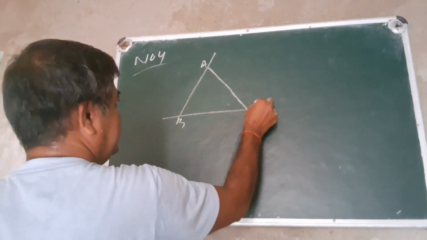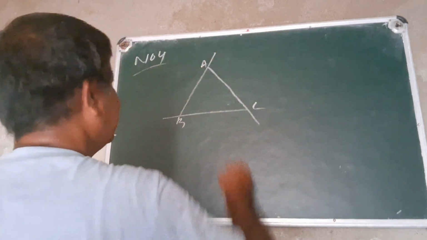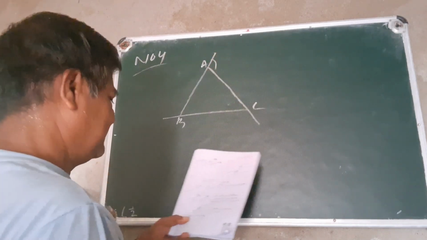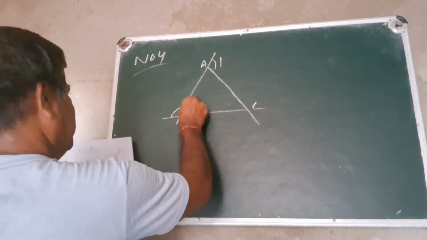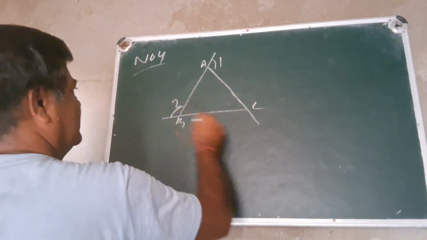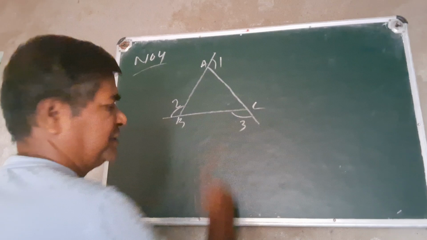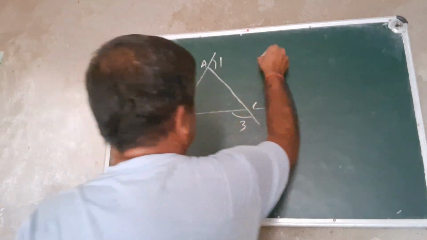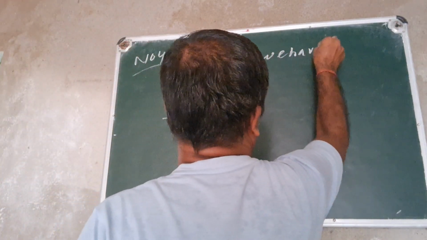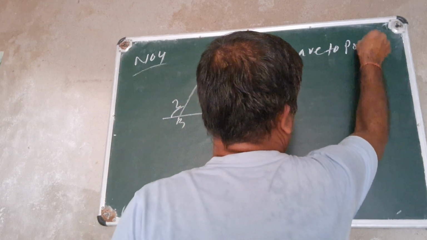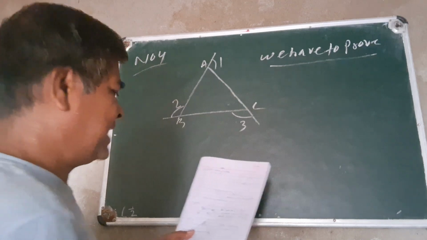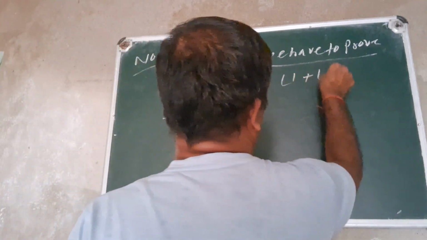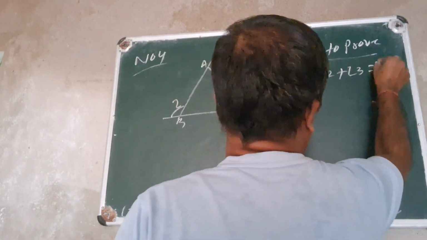ABC is a triangle. All three exterior angles: this is angle 1, this is angle 2, this is angle 3. We have to prove angle 1 plus angle 2 plus angle 3 equals 360.